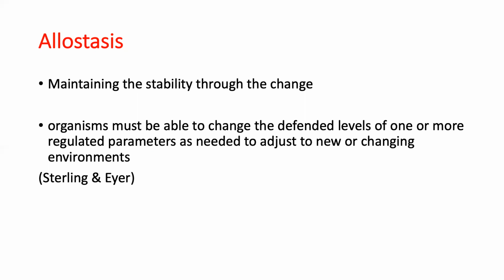This terminology was started by Sterling and Eyer, and they said organisms must be able to change with a changing environment, which, in other words, is trying to adjust and adapt for survival. I want you to think about that.